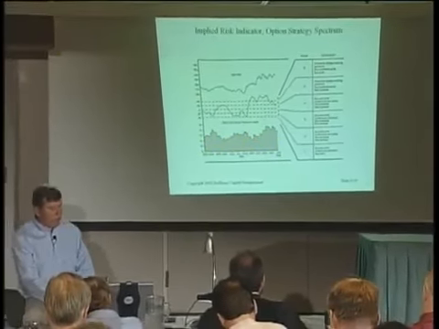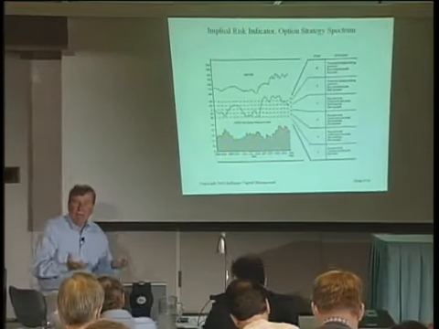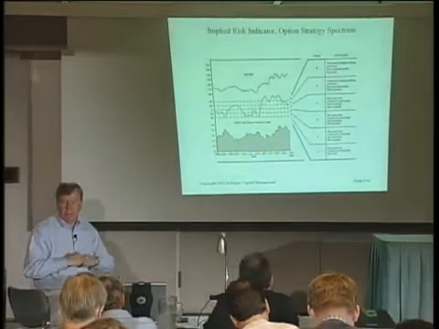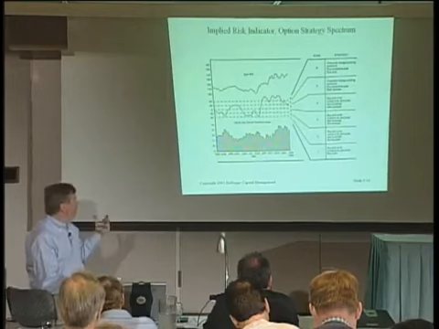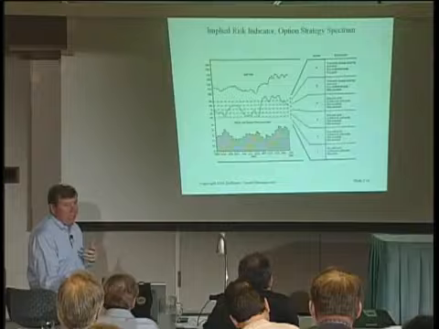Okay, one final type of bands pulls in a completely external variable. Jim Yates created something called the implied risk indicator. What he did is he said, let's set the bands by volatility, but not a volatility measure the way we might use it.